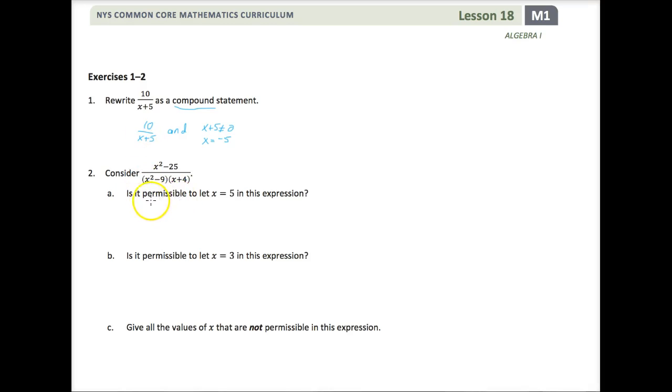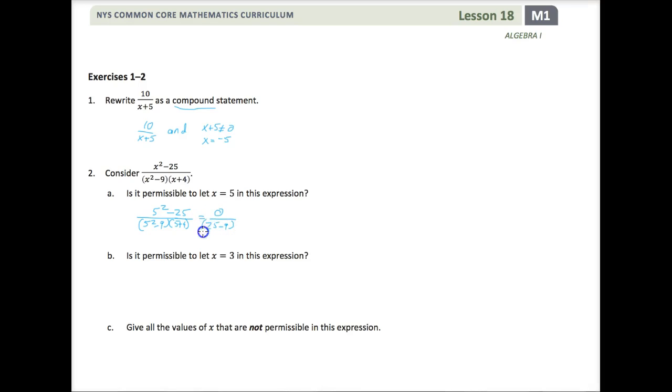So we check and we see, is it permissible to let x equal 5 in this expression? Well, let's find out. 5 squared minus 25 divided by 5 squared minus 9 times 5 plus 4. Does that give us a 0 in the denominator? Let's see. 5 squared minus 25 is 0 here, and then we have 25 minus 9.